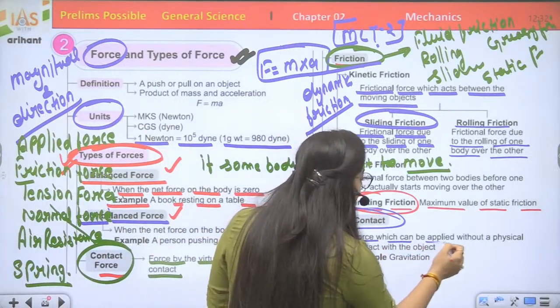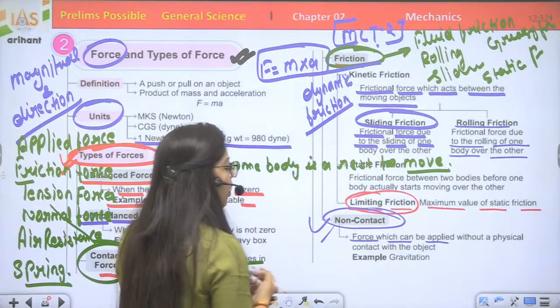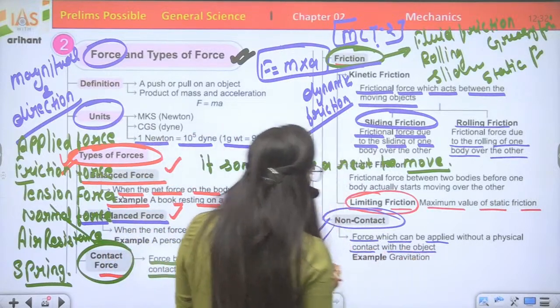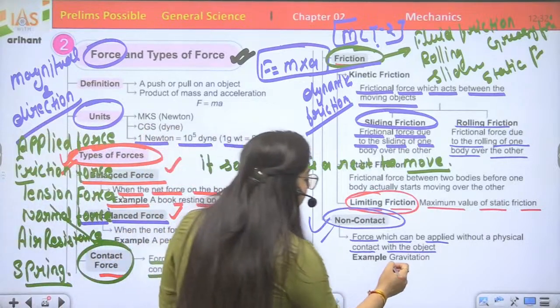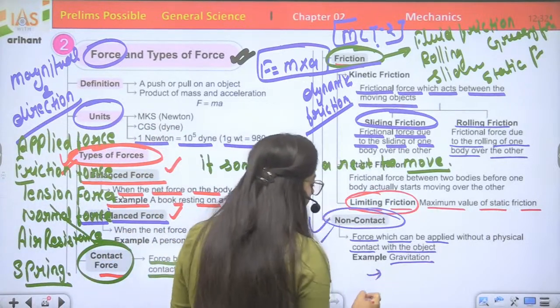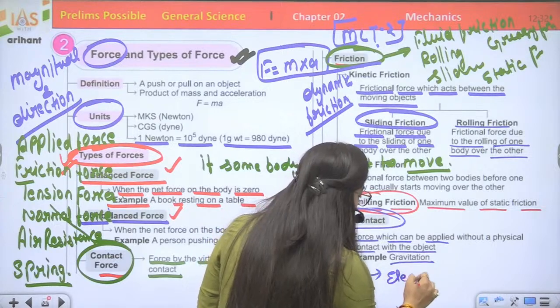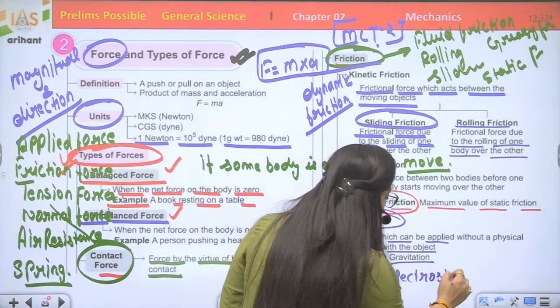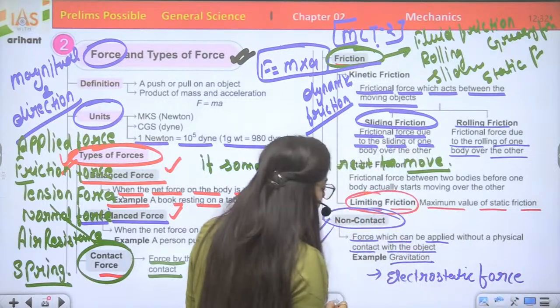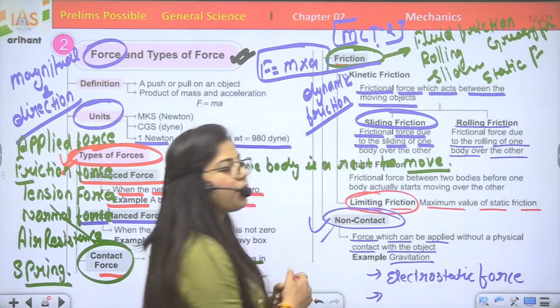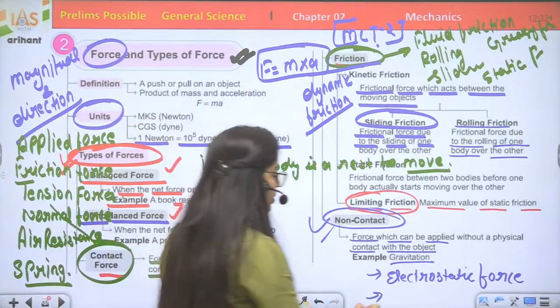Force which can be applied without a physical contact with the object is known as non-contact force. Clear? You can add here gravitational force, electrostatic force, and magnetic force.